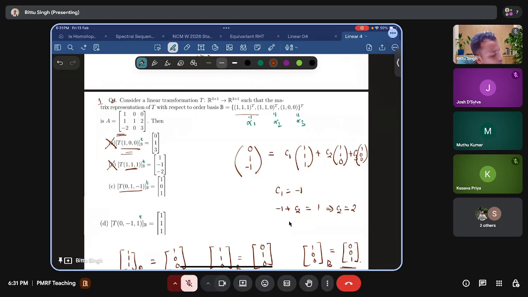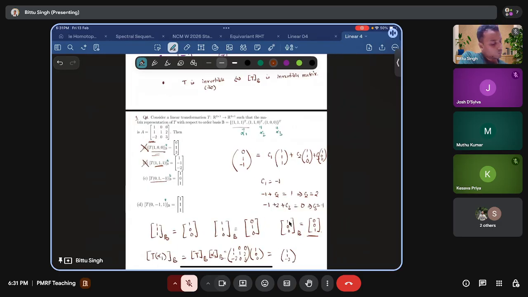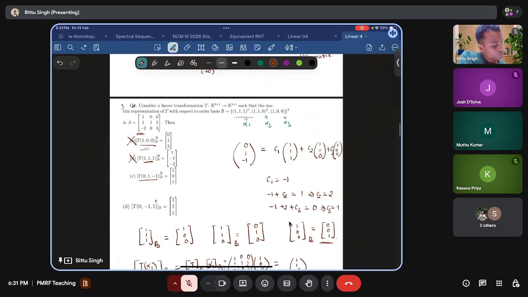Similarly, C1 plus C2 plus C3 should be 0. C1 is minus 1, C2 is 2, plus C3 is 0, therefore C3 is minus 1. Therefore, the coordinate of 0, 1, minus 1 is minus 1, 2, minus 1.